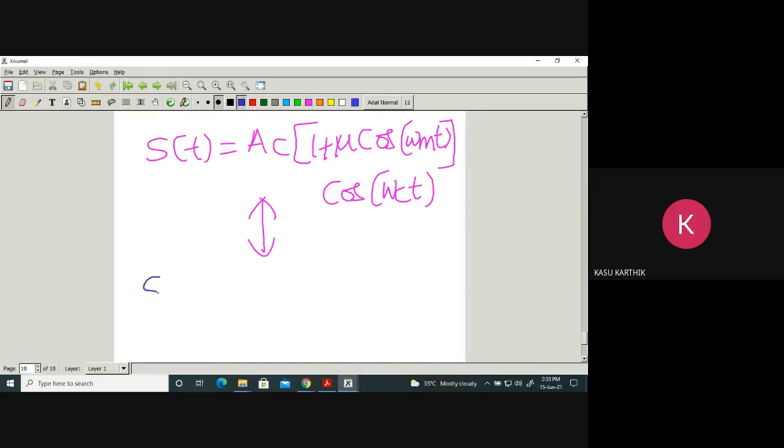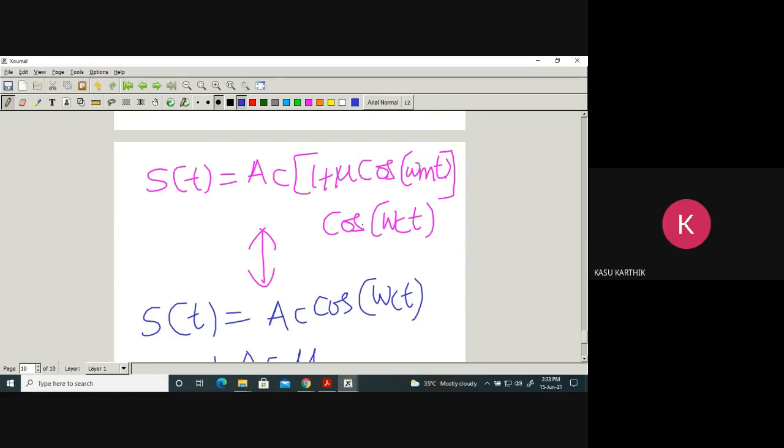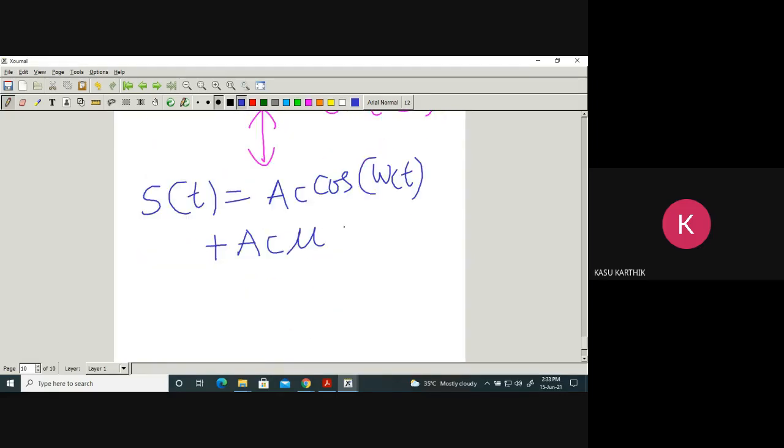Before that, let us write it separately. s of t equals Ac cos omega c t, plus Ac mu into cos omega m t into cos omega c t.